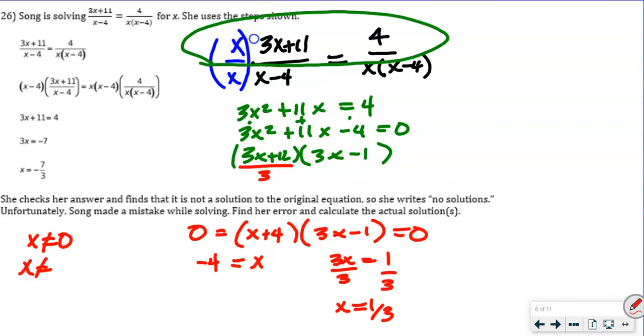We would do x minus 4 equals 0, so let me show you that. So x minus 4 equals 0, so x cannot equal 4. Well, neither one of those solutions are 4, so both of these solutions are indeed correct solutions.